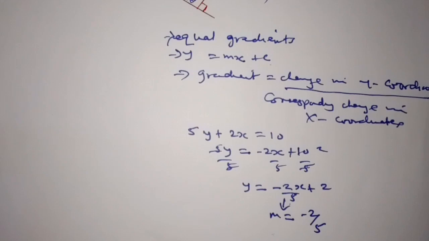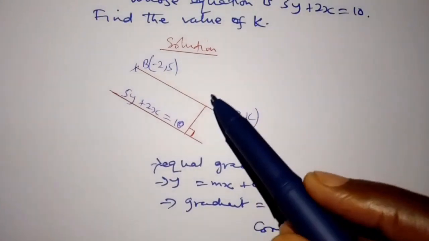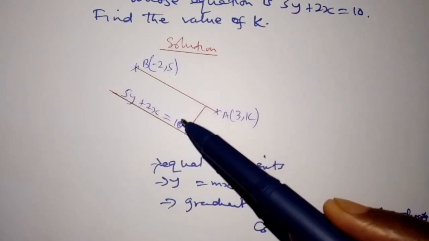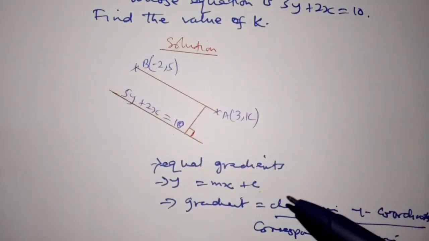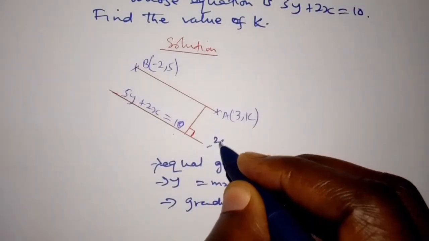The gradients of parallel lines are always equal. So it means that the gradient of this other line is equal to the gradient of this line. We have found the gradient of this line to be negative 2 over 5.